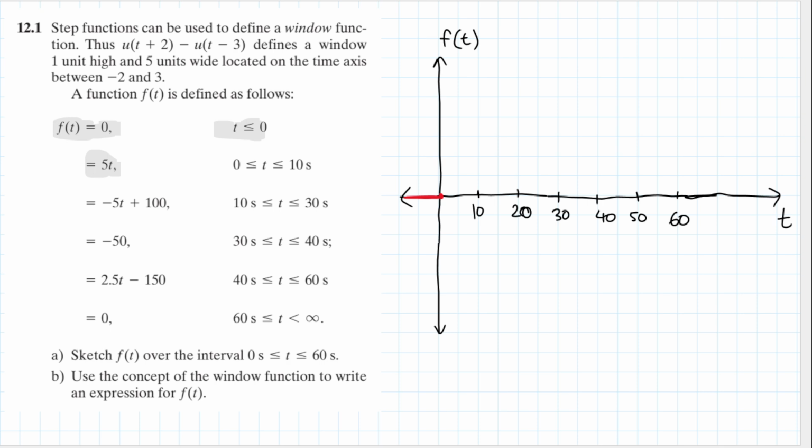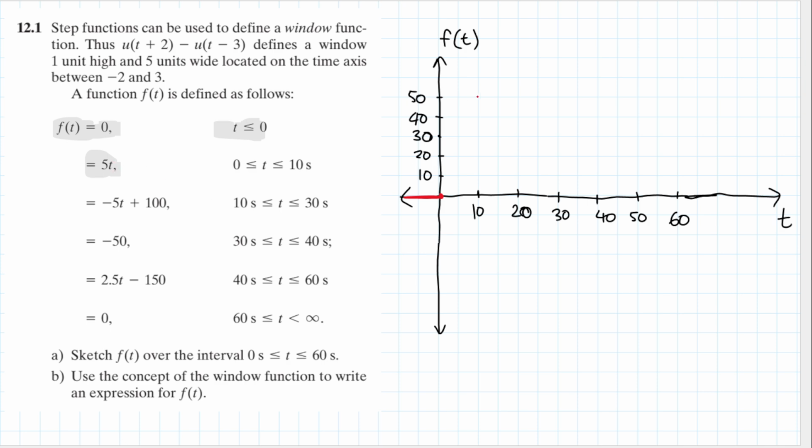I think we need to label the y-axis also. So I will have 10, 20, 30, and then 40, and then 50. Good. So when we plug t equal to 10, we will have 50.